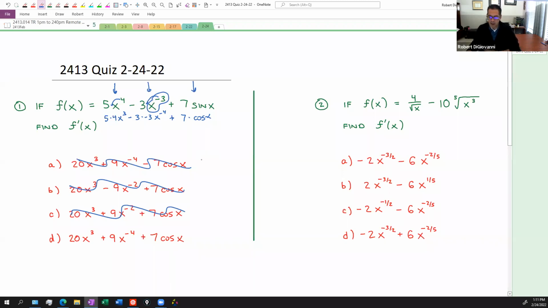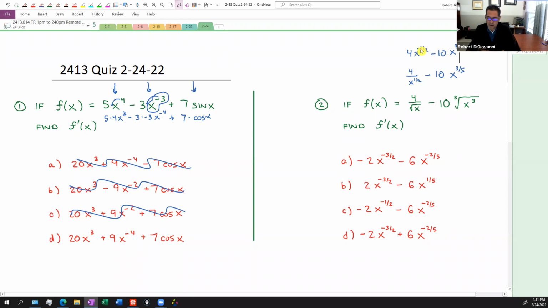Now the second one, the first thing you have to do is rewrite this as 4 over x to the half minus 10x to the 3/5. Then you can go even further and bring that x to the half up as an x to the -1/2, minus 10x to the 3/5. Then you start with the derivative.